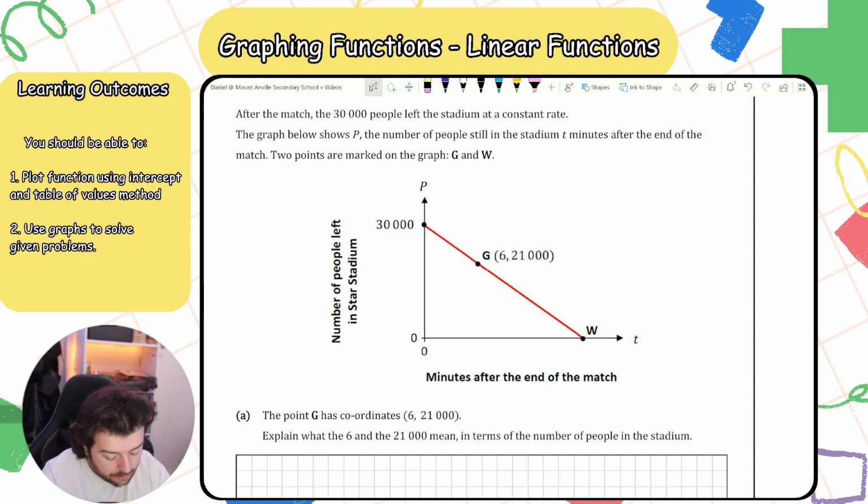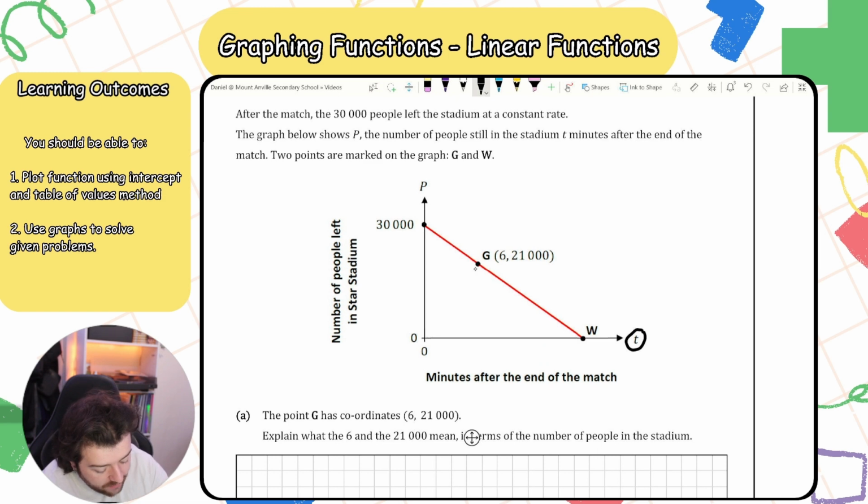The point G has the coordinates 6 and 21,000. Explain what 6 and 21,000 mean in terms of number of people in the stadium. So, see here, my x-axis is T, minutes after the end of the match, and my y-axis is the number of people in the stadium.